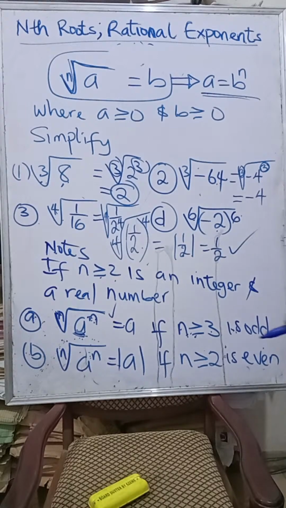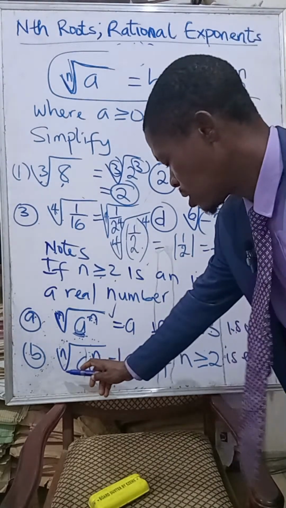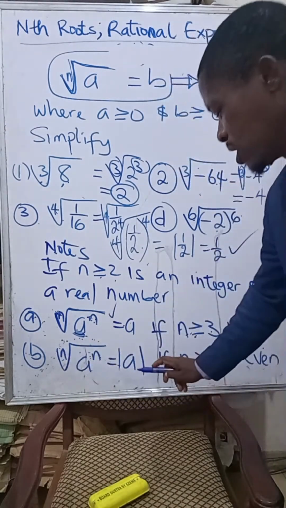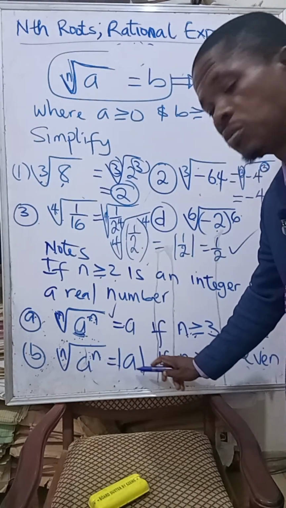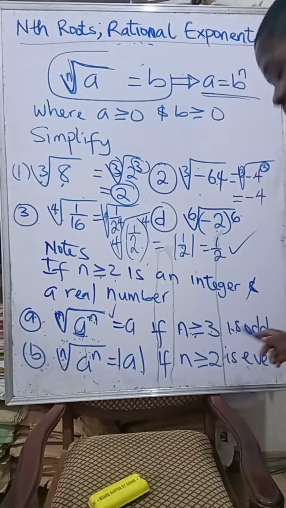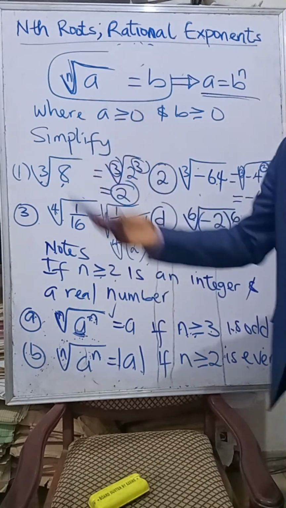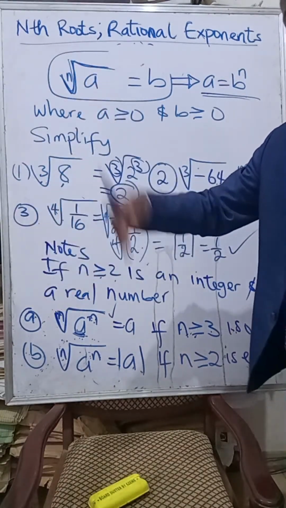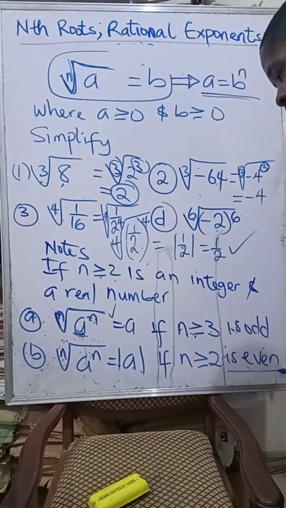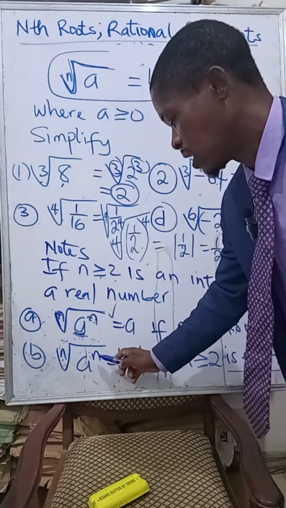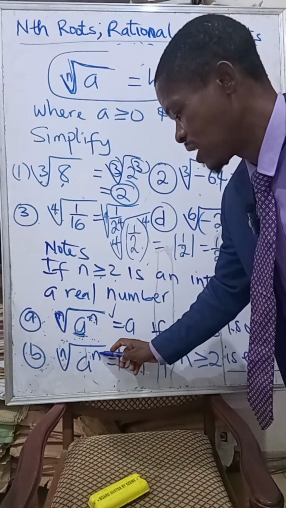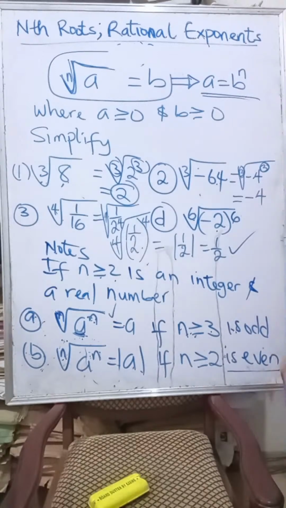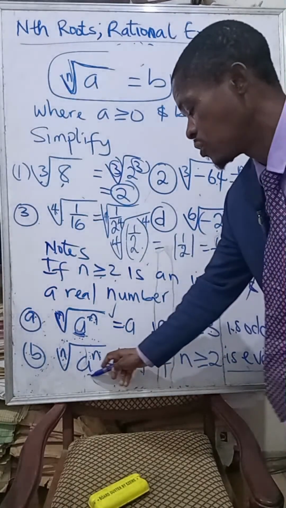The second rule: if a to the power n, under the nth root, will give us the absolute value of a, the condition is that your n is even, starting from 2 and above. n could be 2, 4, 6, 8. Once the n here and the one here are the same and n is an even number, it's going to give you the absolute value of your base.